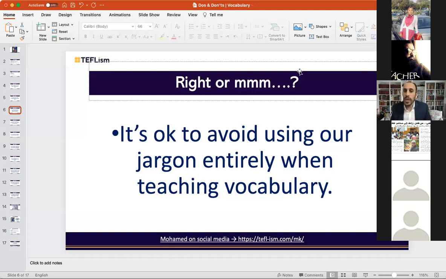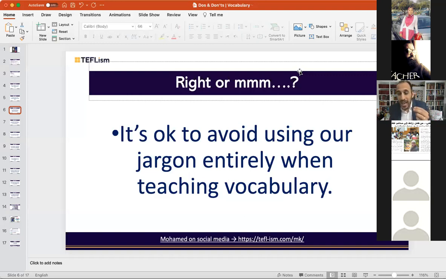So it is not okay to avoid using jargon or our terminology, our technical words. We need them, but when? This is the question. When do the students need them? Before the meeting or after the meeting? And do not use a word like, how can we conjugate this verb?